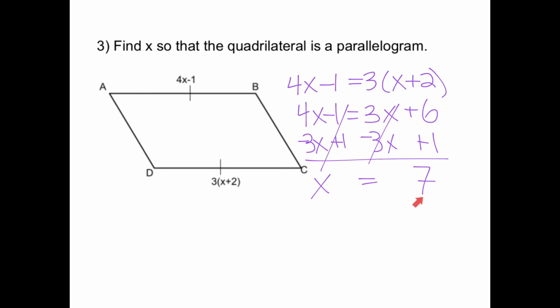So the value of 7 is what x would need to be in order for these to be congruent. Now, we can't technically say just from these being congruent that it is a parallelogram. We would need either parallel or also the other side sets congruent, but for just the information that's given and the question that's being asked, for just this pair of sides, x would need to be 7.